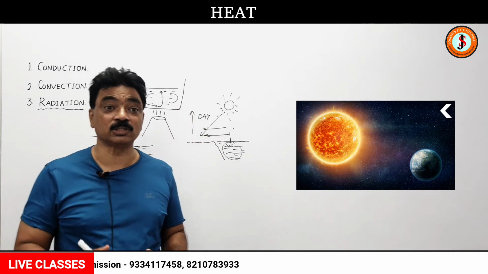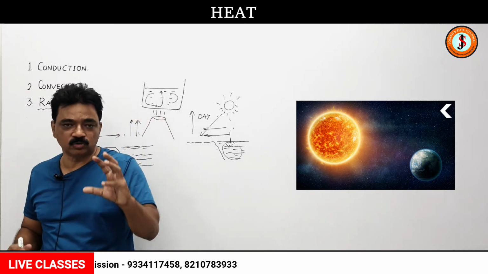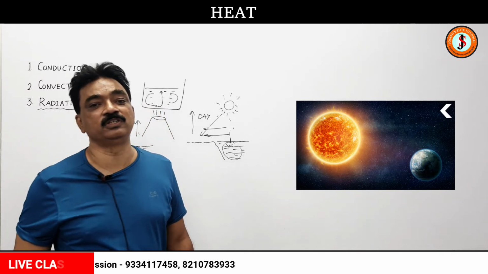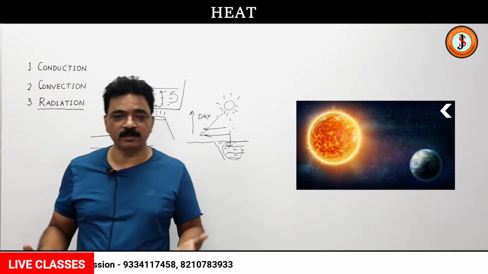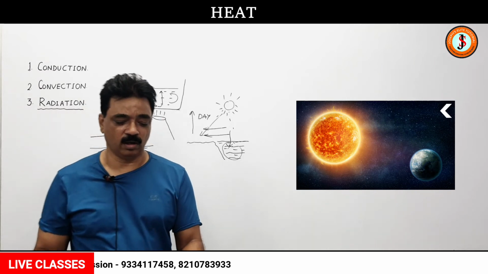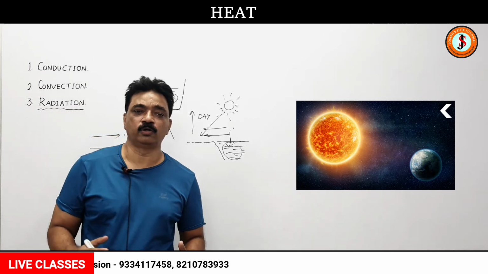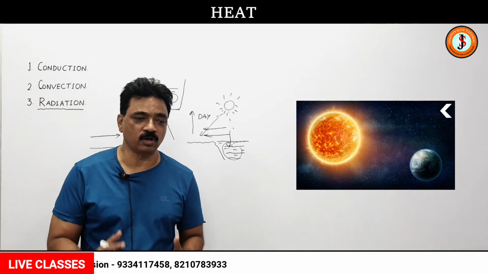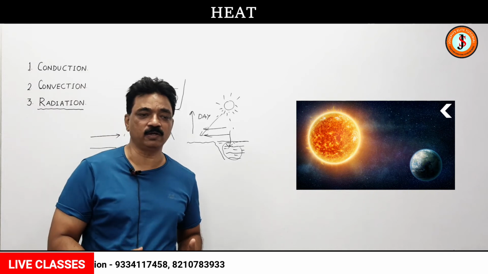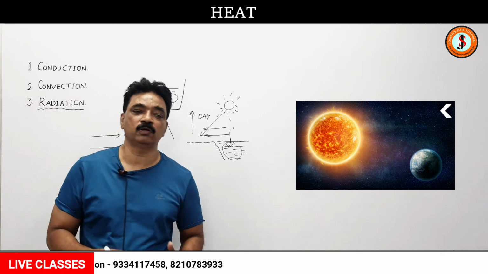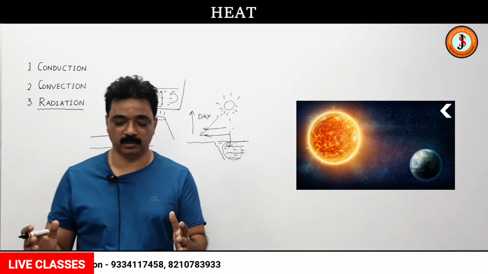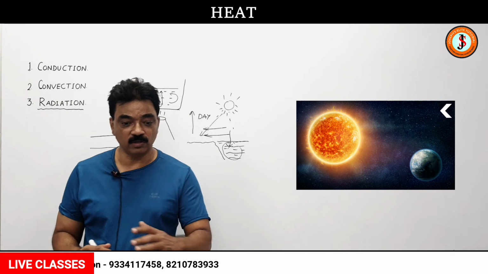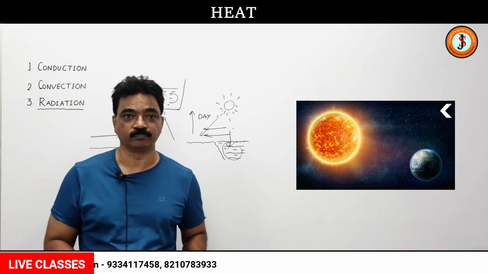So radiation is the transfer of heat from the heat source directly to the receiver, and it can take place from any hot body to a cooler body. That means the hot body will generate a lot of heat and will straight away heat up the substance which is receiving, without heating the medium in between.